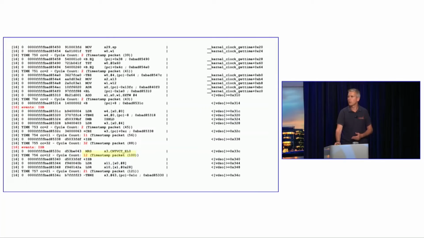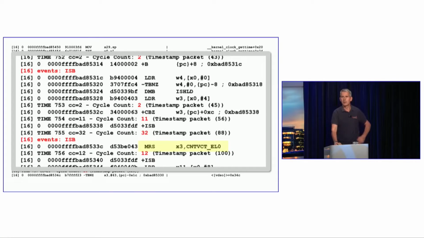So we can use hardware trace to see exactly what's going on here. I'll blow this up in case you can't see it. So you can see that we are tracing the call into the C library and then the call into the VDSO, so we get the exact sequence of instructions being executed, and we get cycle counts on the branches.